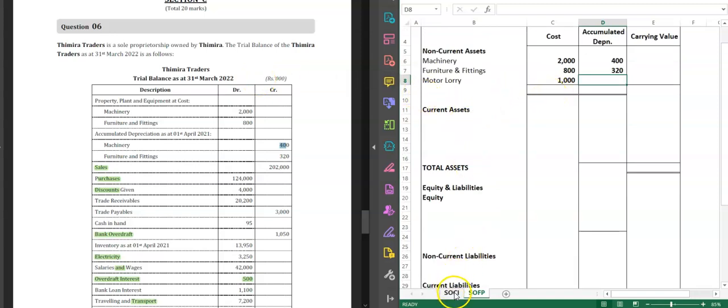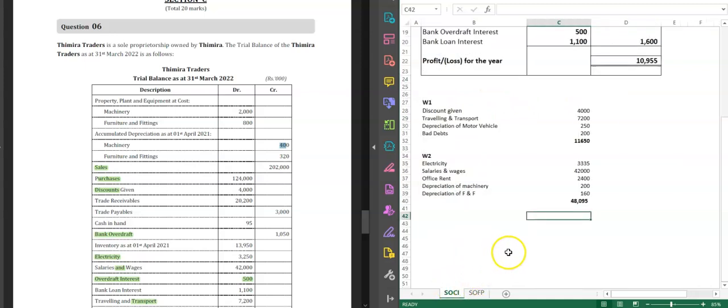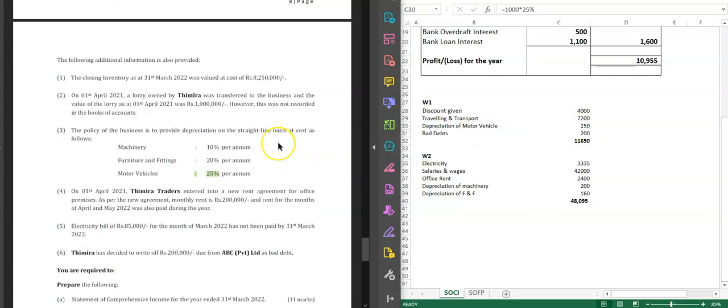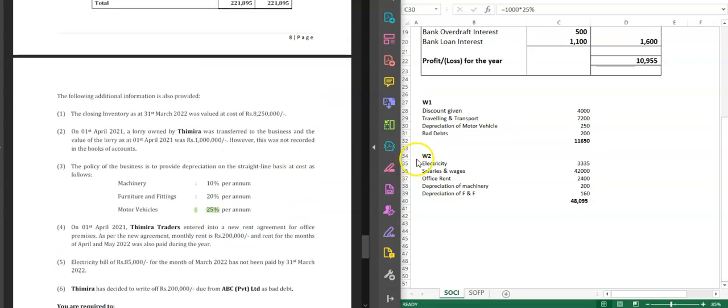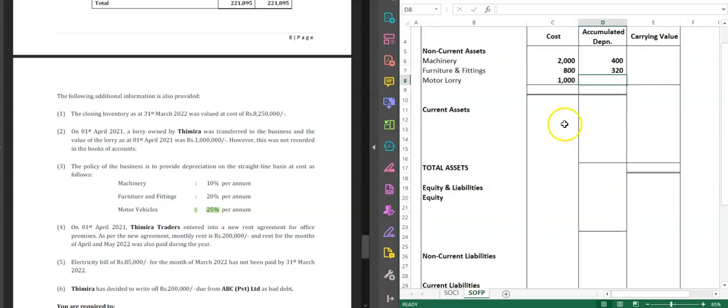You can see that in our previous statement of comprehensive income, we calculated the depreciation of the motor vehicle, because that was purchased on 1st April 2021, the opening day of the financial year. So the depreciation has to be calculated for only 1 year, that is 250. We calculated it already, so include this 250.